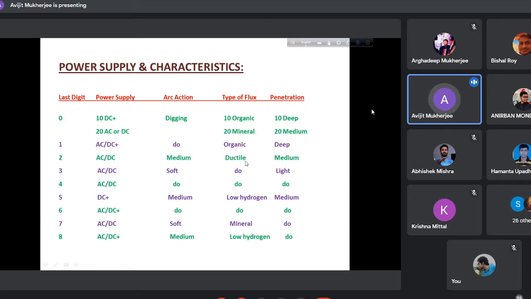Type of flux, ductile flux. Penetration is medium. Similarly, if it is DC positive terminal, digging action, digging means more melting of the crater, flux, organic flux or mineral flux, penetration, deep penetration or medium penetration, etc. So this is a table regarding power supply.